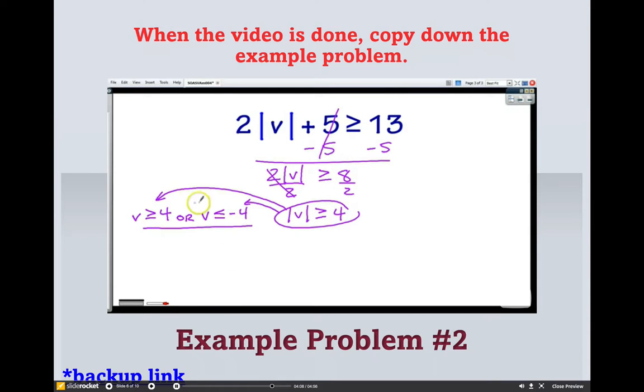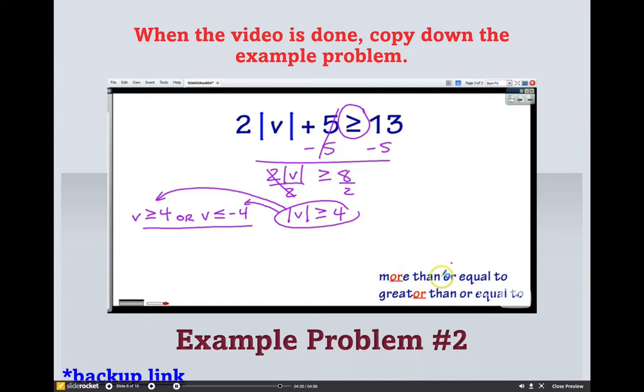Now you don't have to think about this logic every single time, so kind of an easier way to think about it, well, I wouldn't say an easier way, but a way to memorize it is look at the original inequality, in this case greater than or equal to. And a little trick for remembering that is this. This symbol can be said as more than or equal to, or greater than or equal to.